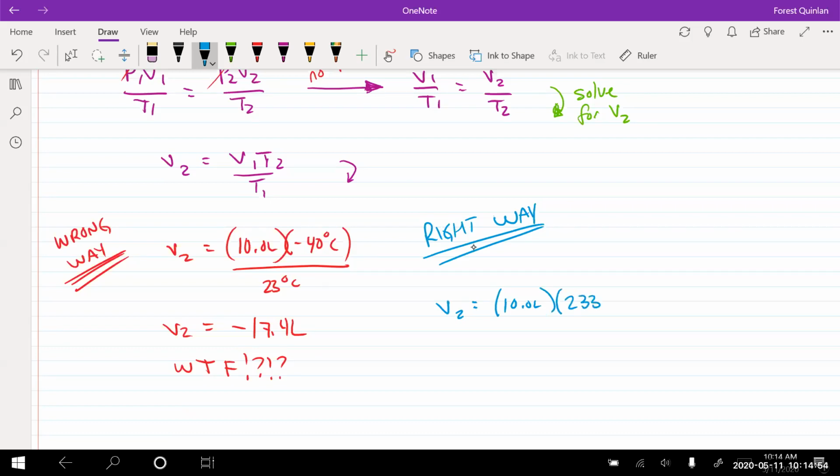So 233 Kelvin and our 296 Kelvin. Now we have our temperatures. Yes, the Celsius did go away, but it left us with something stupid. This one will now give us that it is 7.87 liters. Much better.